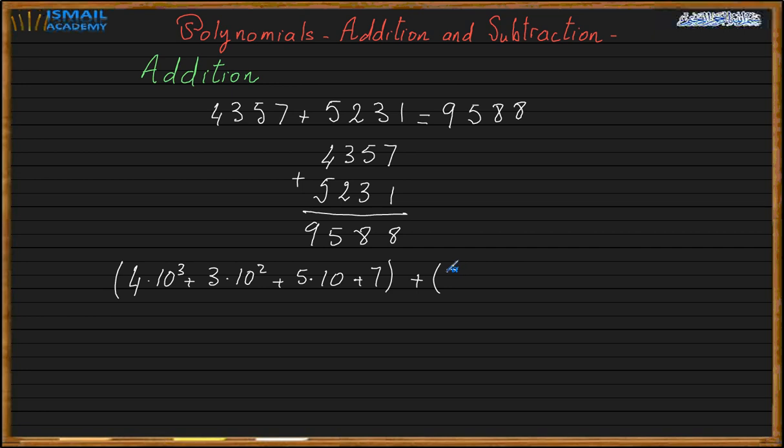The second number, I have 5 times 10 cubed plus 2 times 10 squared plus 3 times 10 plus 1. This is called the expanded notation of a number. I use the place value notation. Here you see we have the 1,000, I added with the 1,000. The 100 added with the 100. The 10 added with the 10. And the ones added with the ones.